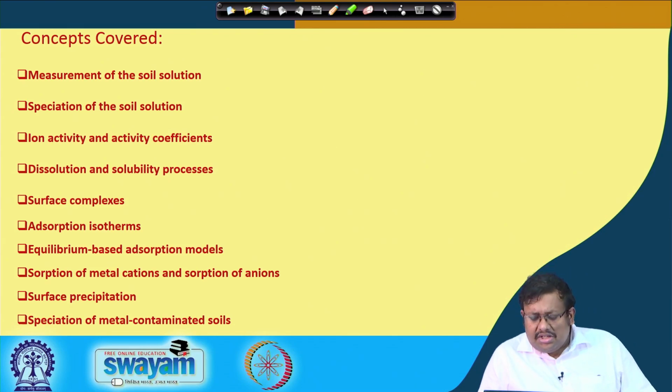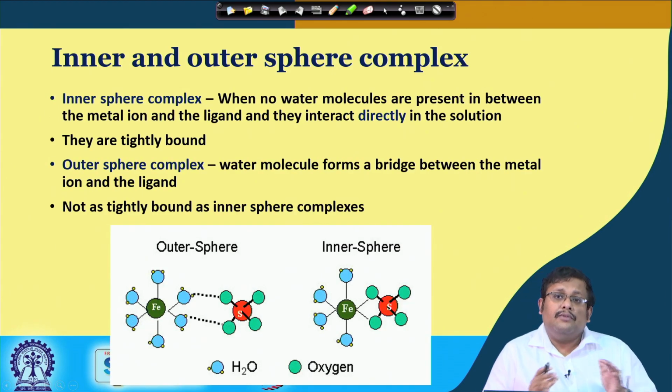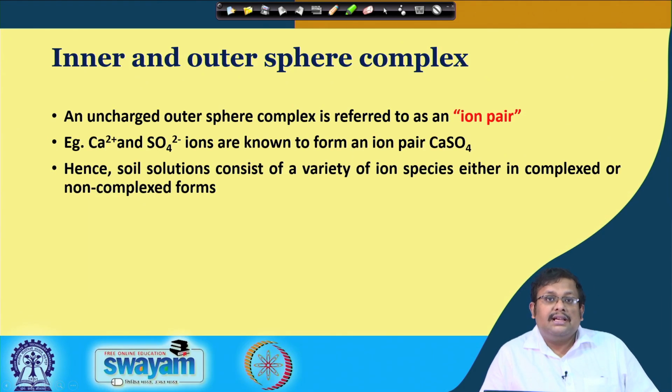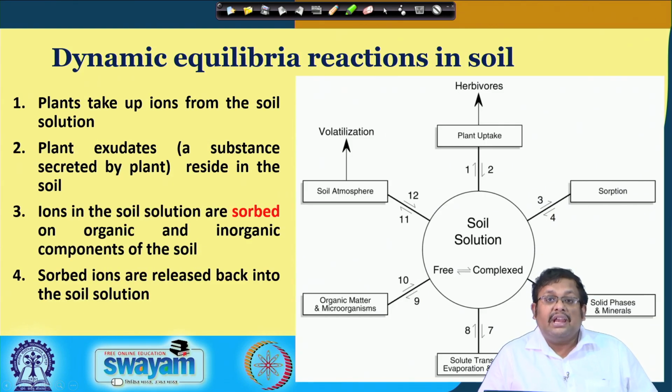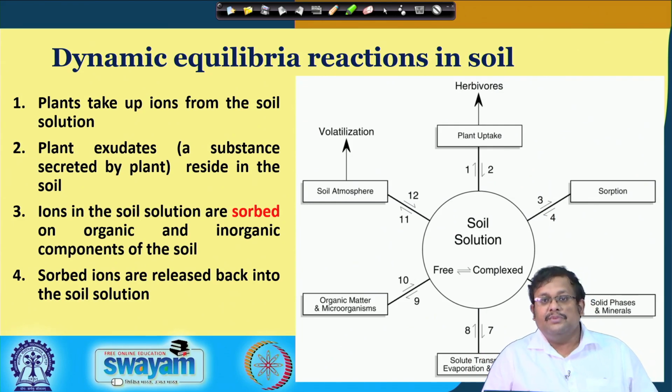So just to give you a quick recap, we have discussed the soil solution, and we have talked briefly about the inner and outer sphere complexes. Then we have discussed the dynamic equilibria reactions in soil, in other words how the free ions as well as the complex forms of ions can move from the soil solution to different pools, and when all these movements are reversible, they can also come back to the soil solution.